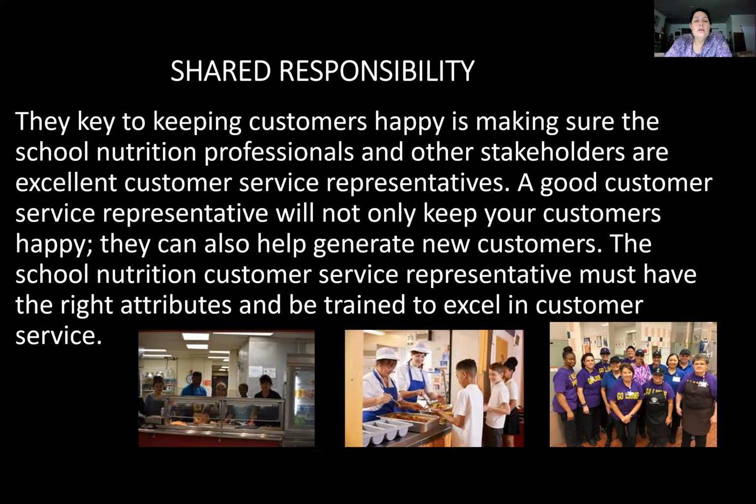The school nutrition customer service representative must have the right attributes to be trained to excel in customer service. We have to constantly be training and modeling our newest employees and providing the highest quality service.